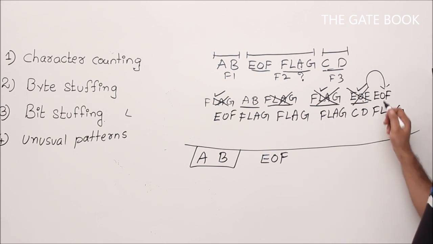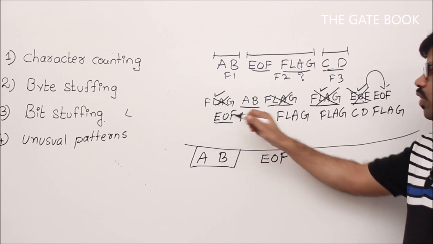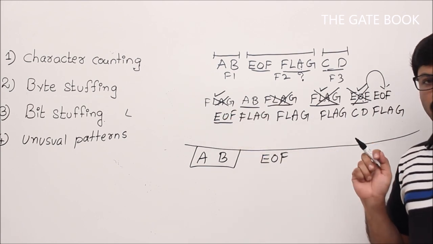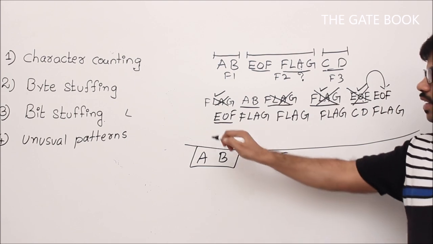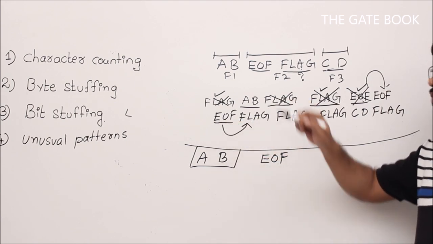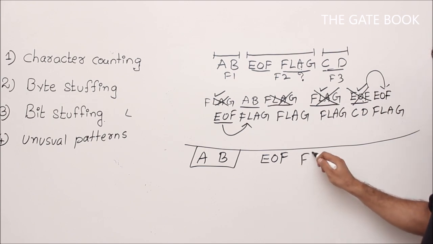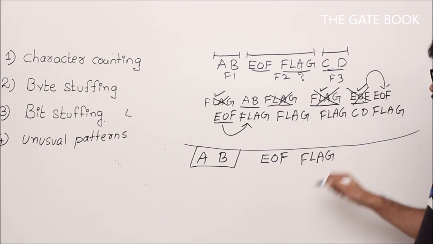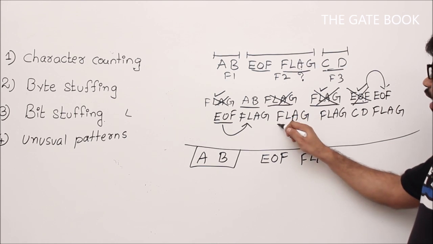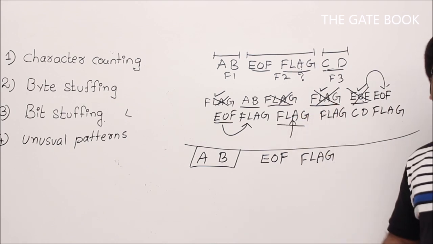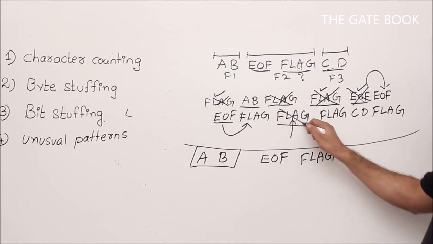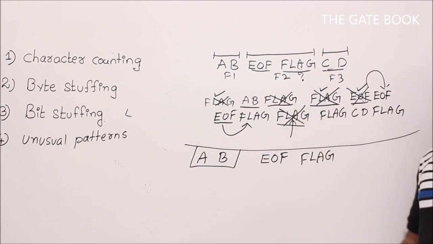But I am not getting flag, right? Then see, again EOF. Whenever I see EOF, how to think about it? Next symbol is not control. That means it's data. That's why it will be taken. Now see, after that, this flag came without EOF. That means definitely now it should be the end of the frame. That's why this will be discarded.